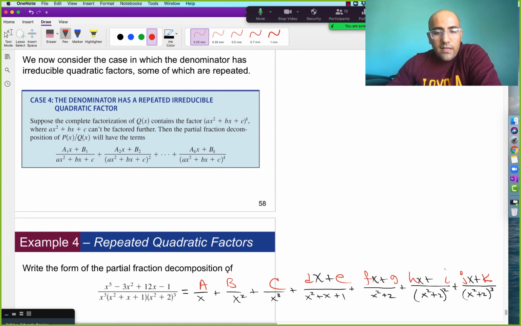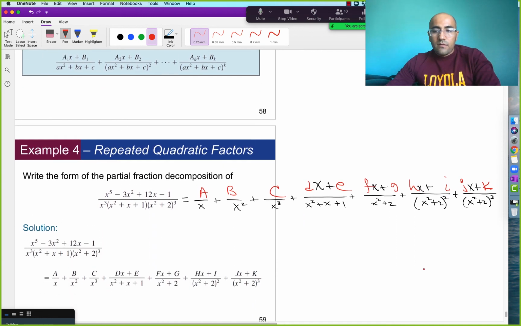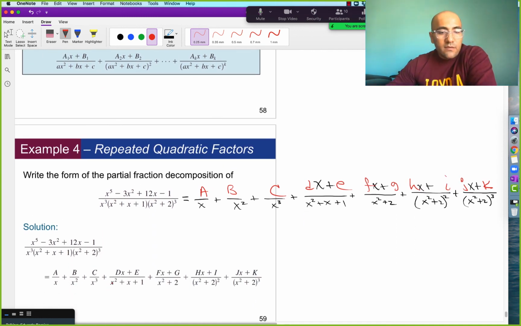We've got to find a lot of letters: the A, B, C, D, E, F, G, H, I, J, and K. That is a really, really ugly system of equations that we're eventually going to have to solve. So that's what this is saying.